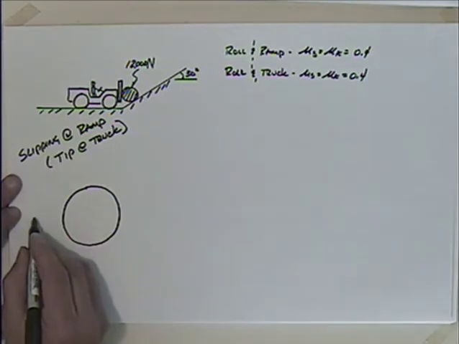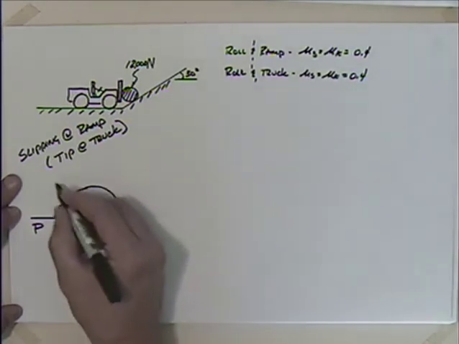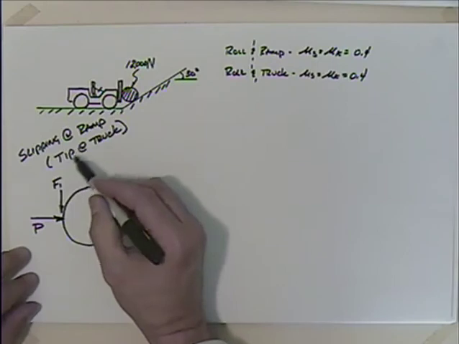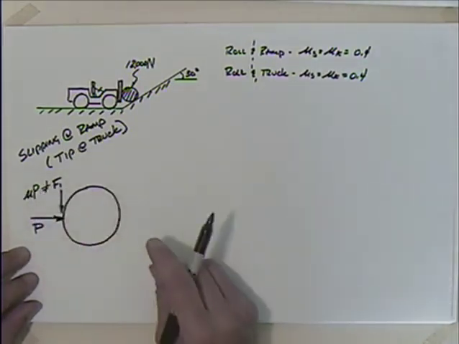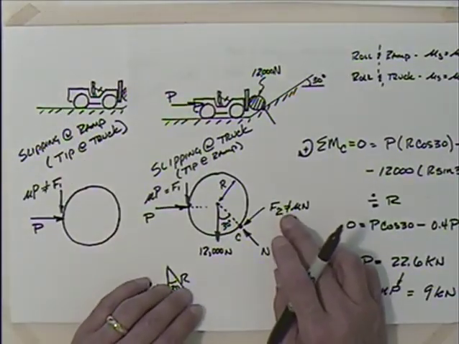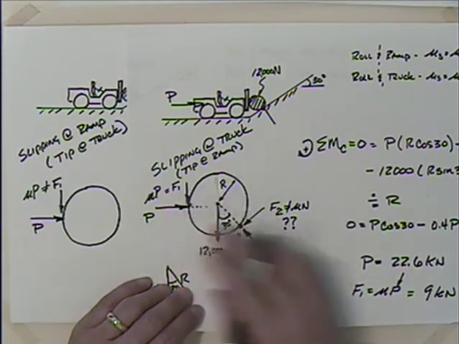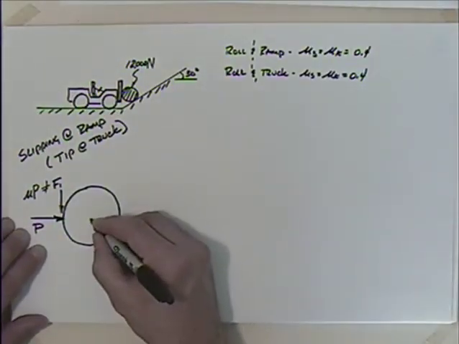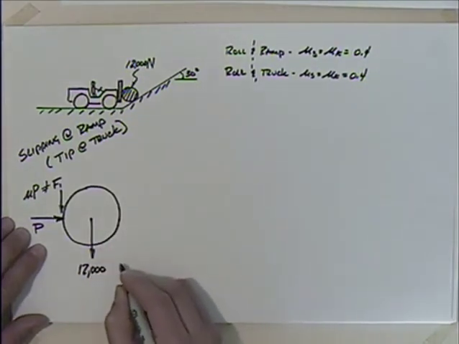We still have the truck pushing on this thing, so we'll say that we have some P force here. And we have this force F1, which now, because we have tipping at the truck, is not equal to mu times P. Before, when we looked at the one down here, it was not equal to mu times N. Now it's going to be equal to mu times N, and this one will not be equal to mu times P. I have the weight here, 12,000 newtons.